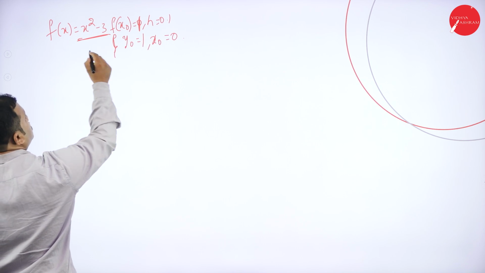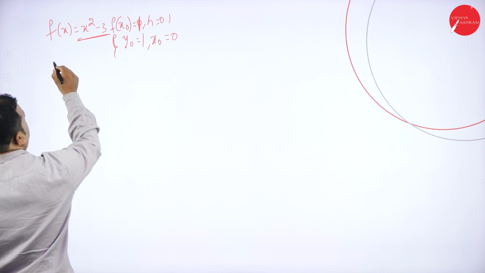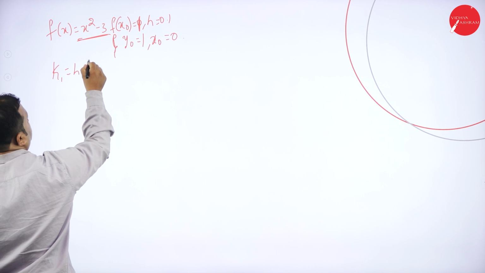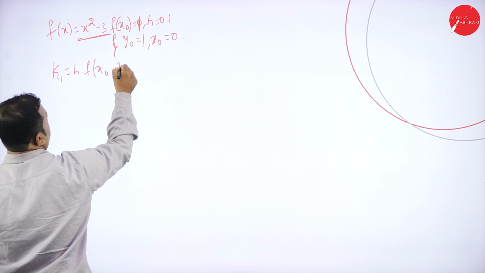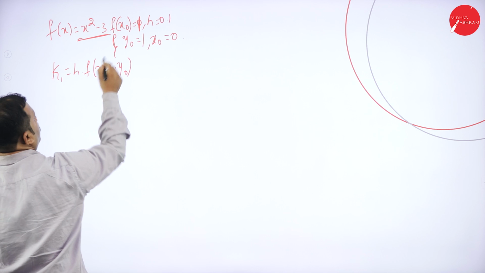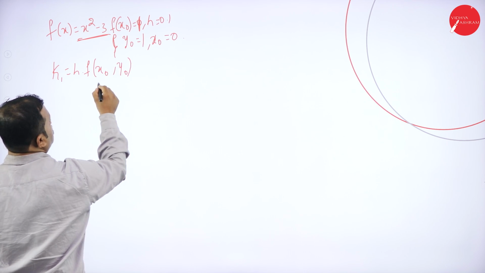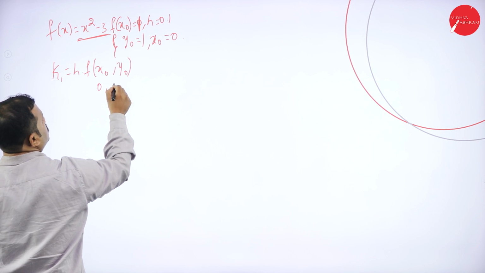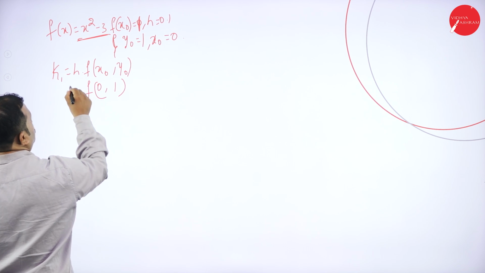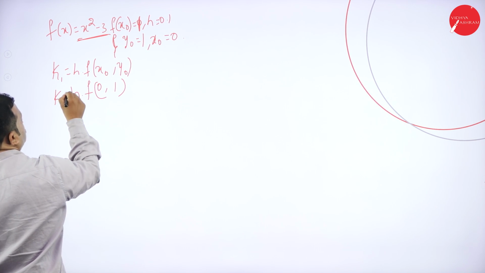We have x0, so k1 is equal to h into f of x0 comma y0. What is f of x0 comma y0? x0 is 0 comma y0 is 1, so f of 0 comma 1, into h. That is k1 is equal to this.